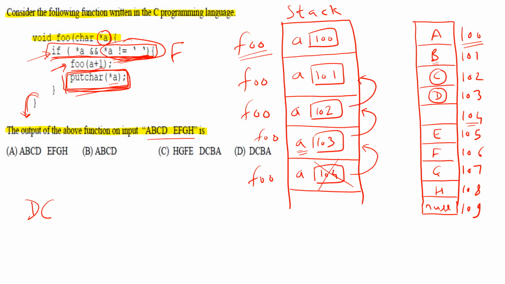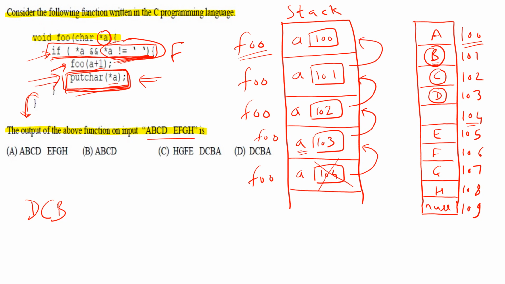In the previous call, again, putchar was the backlog which was not yet executed. So we print star 101, and star 101 is B. Then control goes back to the first call. In the first call also, the backlog is the putchar.